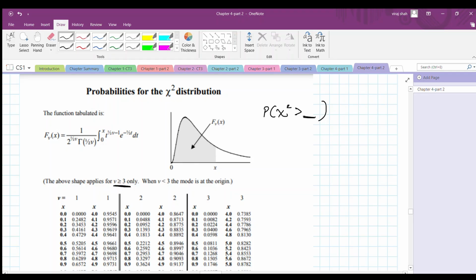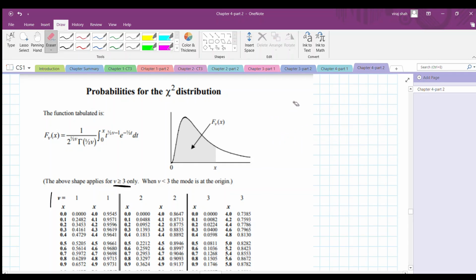So for this page, I have been given greater than values. So if I want to find chi-square 2 greater than 0.1, I search 2, I search 0.1, this is the value, right? So I write that value. Okay. That's how tables are formed.